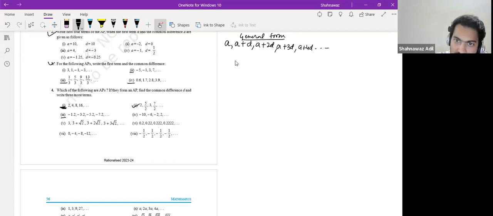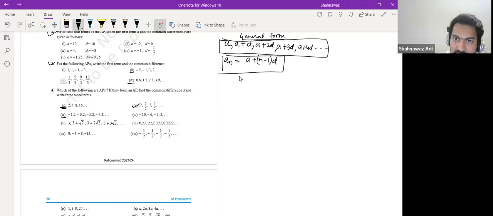And the nth term is this, right, guys? These two things we have to remember. You see that the subsequent terms add D to the previous terms. So all these continuous, subsequent terms involve the addition of D, right? Yes, sir.